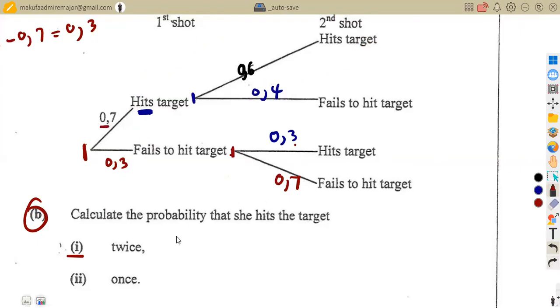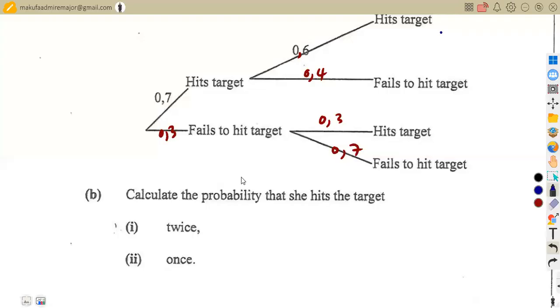So what is the probability? We just have to multiply 0.7 times 0.6. So what are you going to obtain? 7 times 6, that is 42, right? So this one is going to be twice.